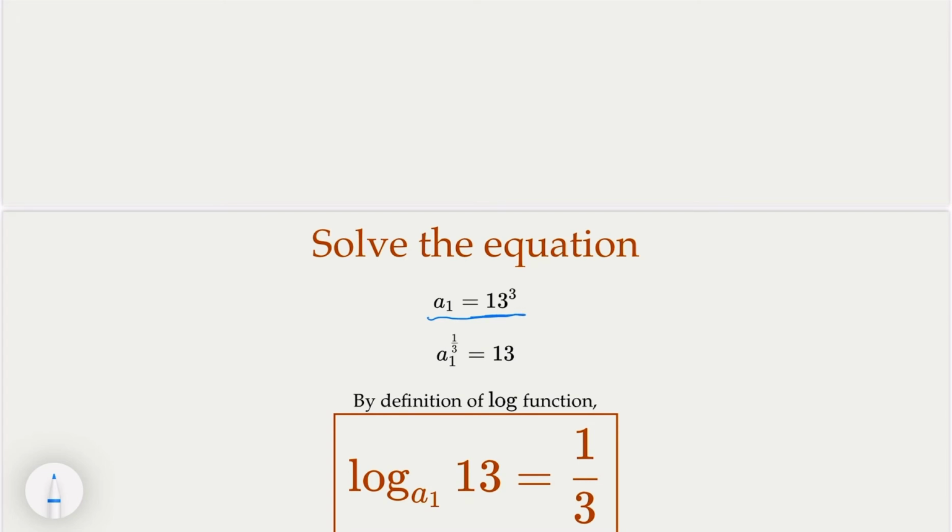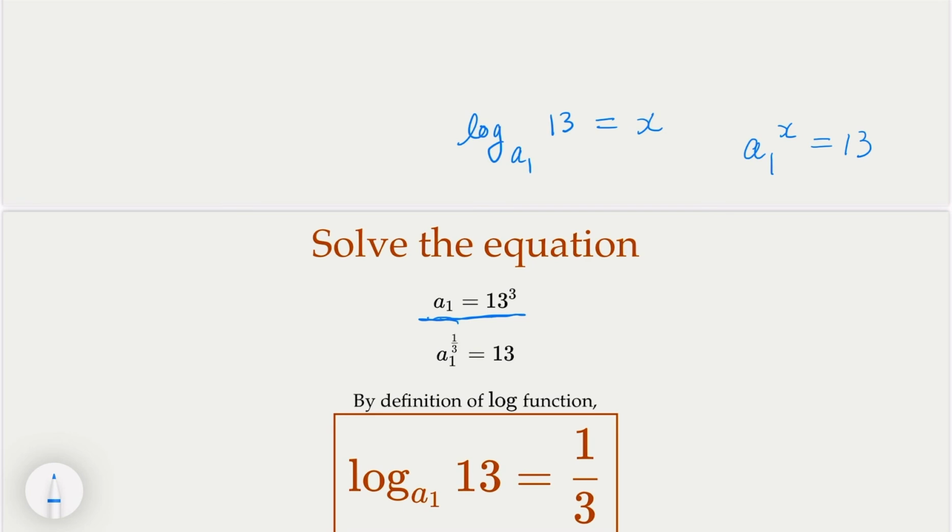So now we are looking for the logarithm of base a1 of 13. If this is x, the definition of the logarithm is that a1 raised to the x power is equal to 13. Here we know that a1 equals 13 to the 3rd power. So how do we get 13 when you raise to some power?